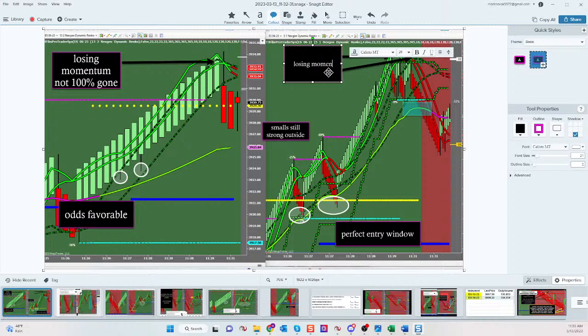Are we on that I'm exhausted stage, guys? You see how one is the perfect long and one is hoping that the market continues up? One is all the momentum that I could hope for. The other, I'm losing it.